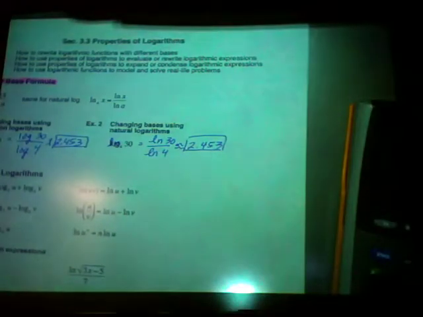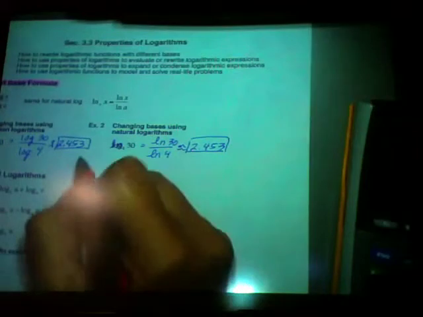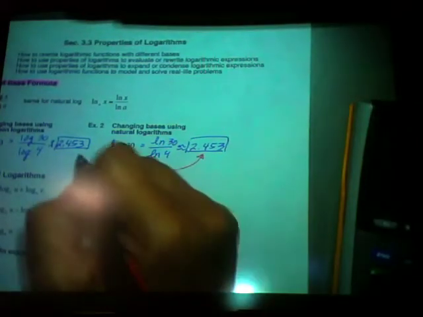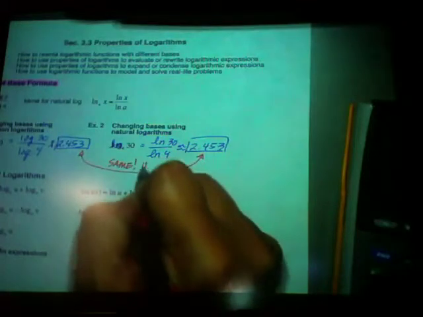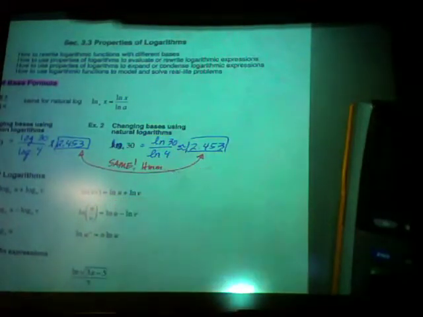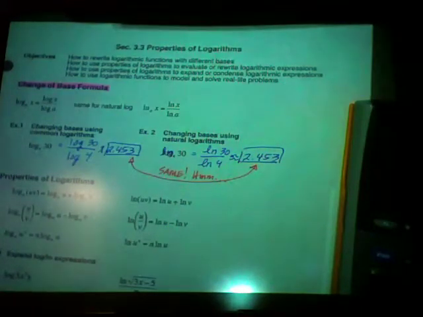So in your notes, you might want to note in here: same. Isn't that fascinating? Oh, I just love math. You're pondering it. All right, so that's something you should be familiar with.